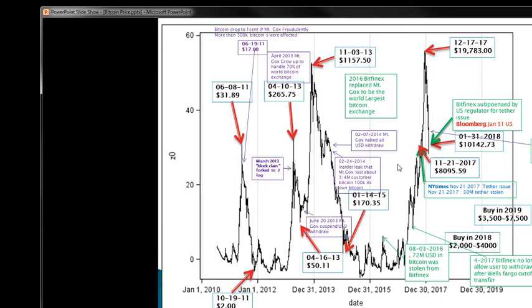Gox lost about 750,000 of customer Bitcoin. Okay, it's not 750,000 US dollars. It's 750,000 of customers' Bitcoin, and 100,000 of its own Bitcoins. So roughly it's almost 1 million. It's 850,000 Bitcoins.